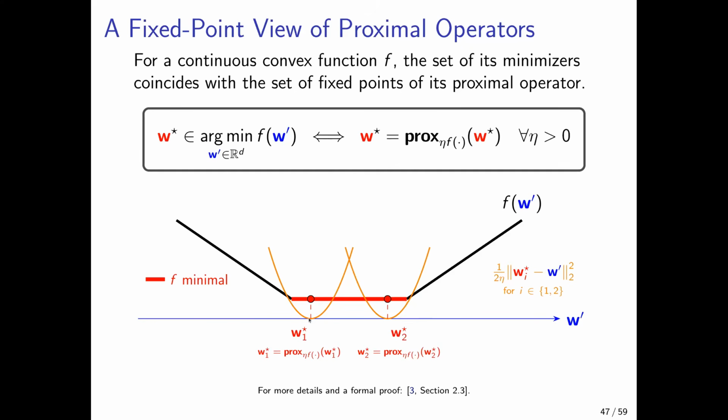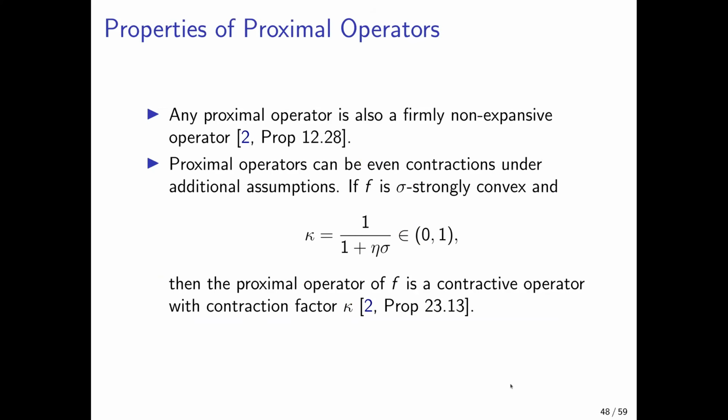If at those points you evaluate the proximal operator, nothing changes because we are already at a minimizer of f. And then we also minimize this quadratic penalty, which becomes 0. So this quadratic penalty doesn't push us away anymore once we are at a minimizer. This provides some intuition, but for the precise proof of this equivalence, we are referring to this reference.